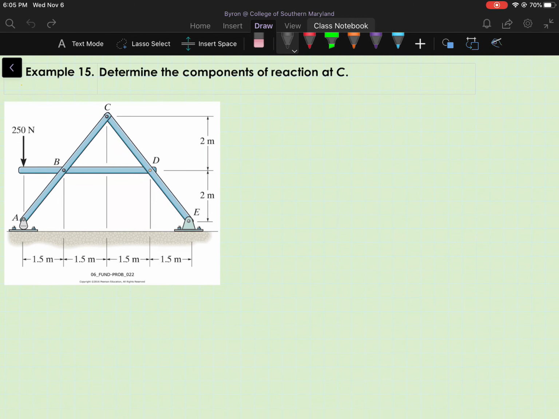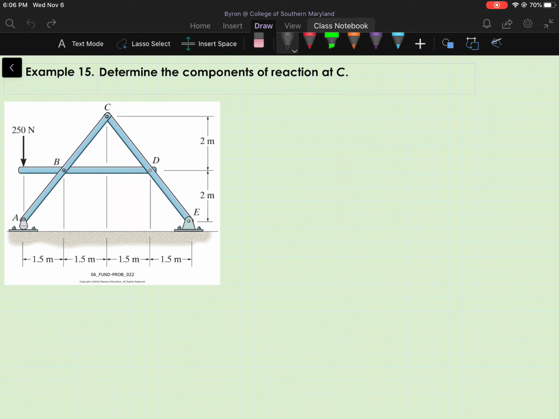In this problem, we're asked to find the reaction at C on this frame. So with a frame problem, the first thing we're going to do is decide what free body diagram to draw, whether we draw it of the entire frame or a specific portion of the frame.